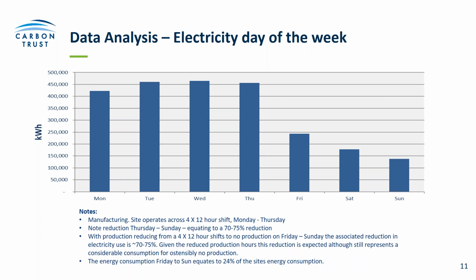Again, you're trying to compare that with what it would be if they were producing. There's still quite a high energy consumption from the Friday to Sunday when ostensibly nothing is being produced, and that's equating to 24% of the site energy consumption. So you begin to build a picture of what's actually going on when nothing's being made. You're trying to quantify what makes up that 24% consumption when the site is shut down.